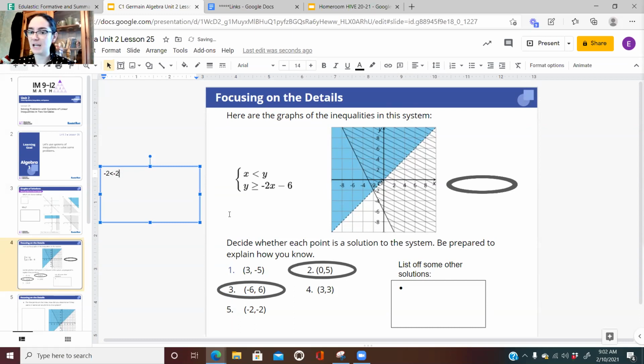Because it's y and x. So -2 is less than -2. Is that true? No, it's not true. So Mr. Wayne got confused. I'm sorry.